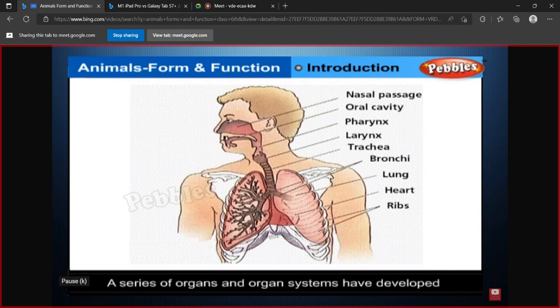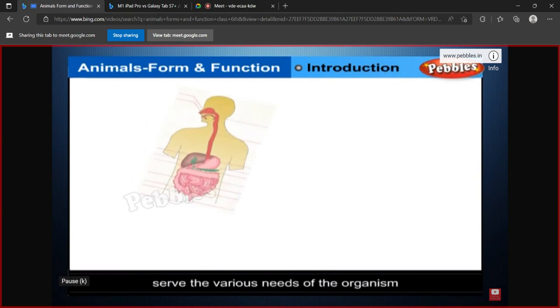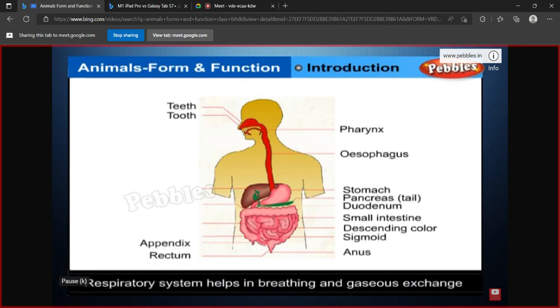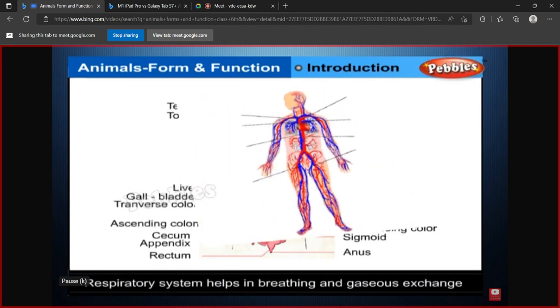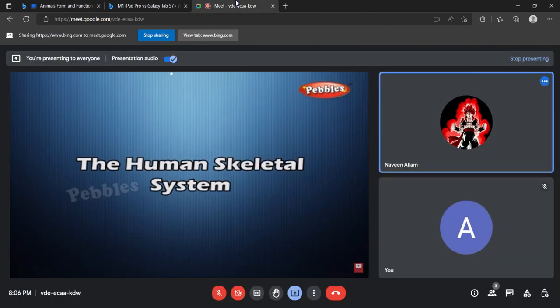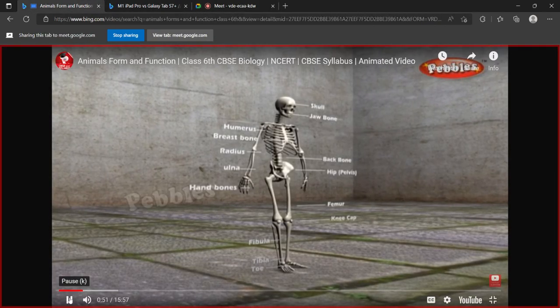A series of organs and organ systems have developed. These different organs and organ systems serve the various needs of the organism. For example, the digestive system performs the functions of nutrition, respiratory system helps in breathing and gaseous exchange, and circulatory system is for the internal transport of materials. The human skeletal system. Feel the bones in your body.